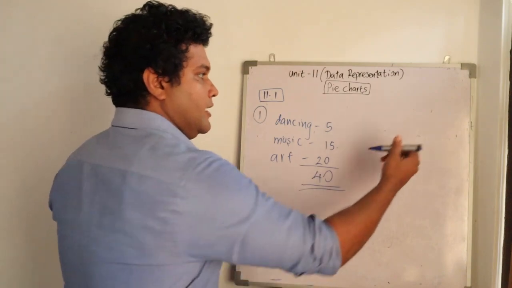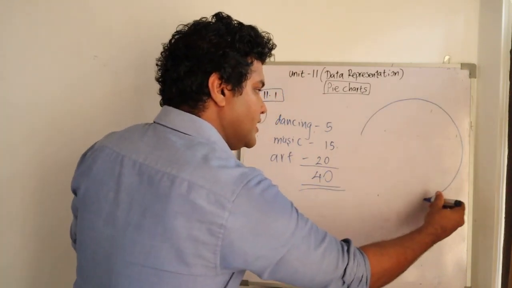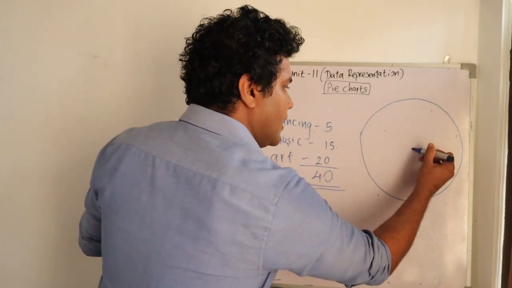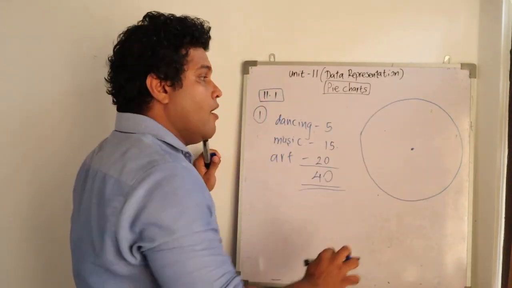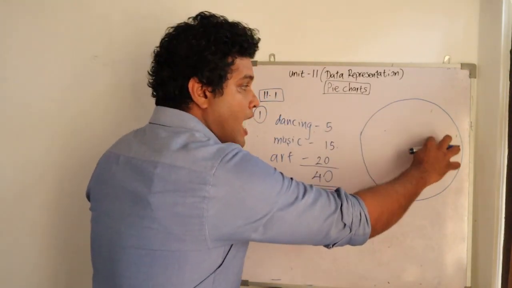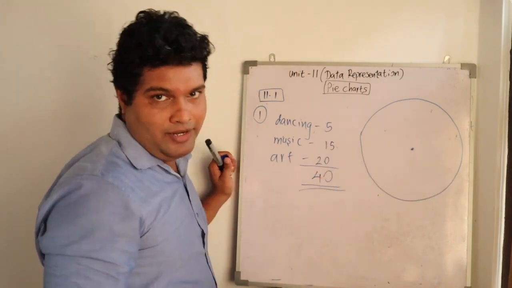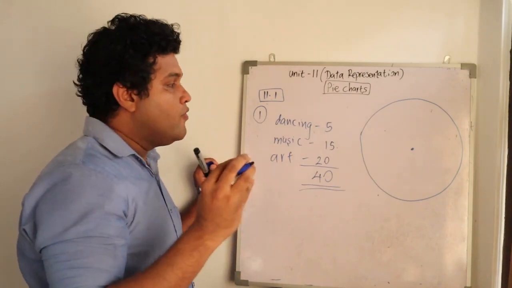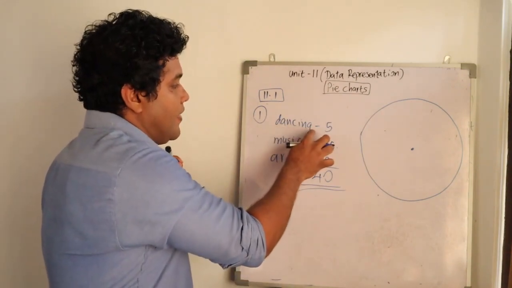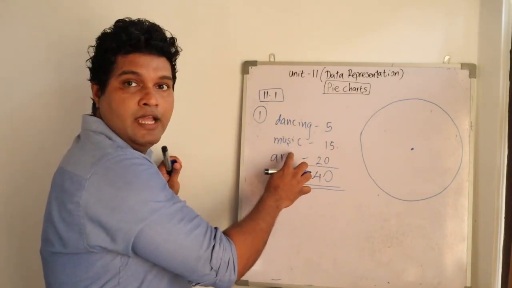In a pie chart, if I just draw a circle, there's a center midpoint. At this center, we always have 360 degrees. Inside this 360, we have to include the three facts: dancing, music, art.